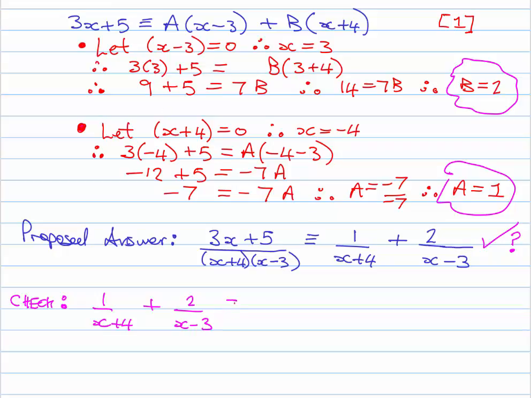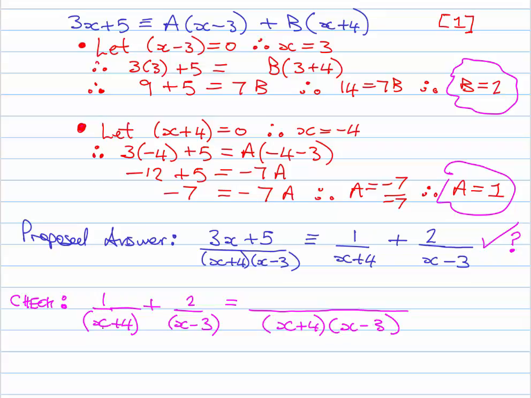This thing is going to be equal to, well, let's do a common denominator. What do we have? Okay, put the brackets in, make it a bit more clear. Common denominator of these two, normally the best thing to do is just multiply them together and say that's my common denominator. Okay, so x plus 4, x minus 3.